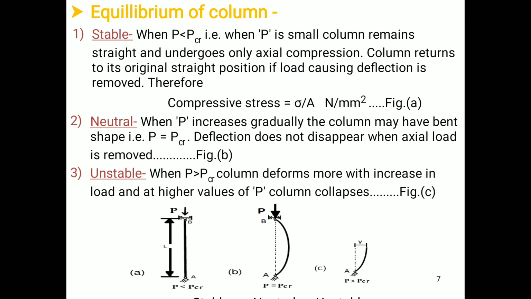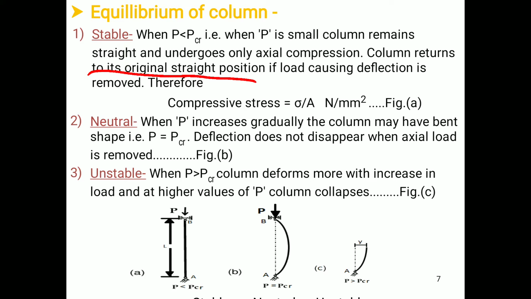When our axial load P is less than the critical load, the column remains in a straight position only, under axial compression only. As soon as we remove the load, the column returns to its original straight position.